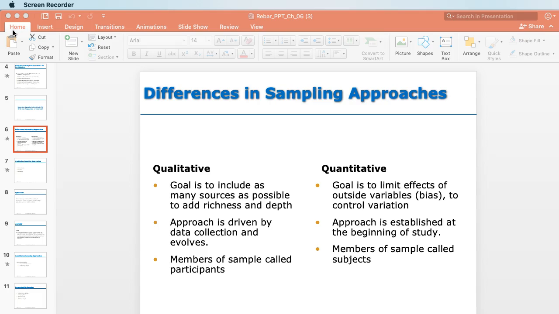And oftentimes, as they're determining their sample, they don't really know their final sample size because they're not sure how long it's going to take before they have what's called saturation. And saturation is when, after interviewing each person, nothing new emerges.